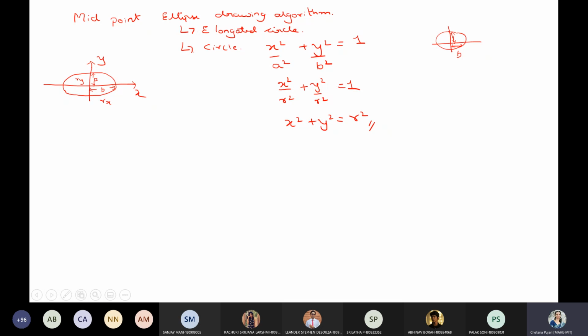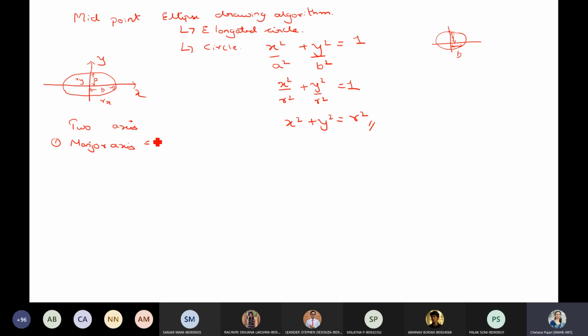In your ellipse, you will have two axes. First is the major axis, which is nothing but the longer axis. In this case, your Rx, your X coordinate, is the major axis.